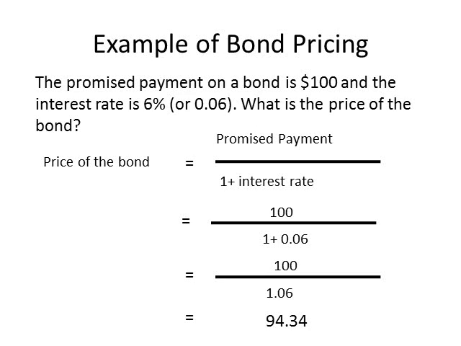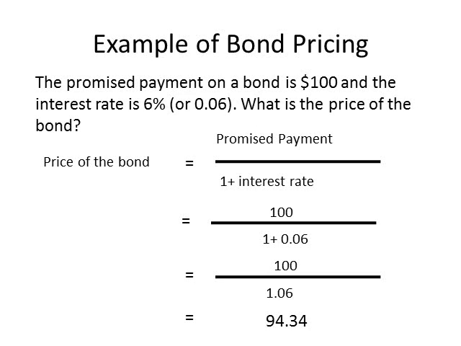The promised payment on the bond is $100 and the interest rate is 6% or 0.06. What is the price of the bond? Well, the first thing we'd want to do is write down the formula, the promised payment divided by 1 plus the interest rate. Next, we'll substitute in 100 for the promised payment and 0.06 for the interest rate.